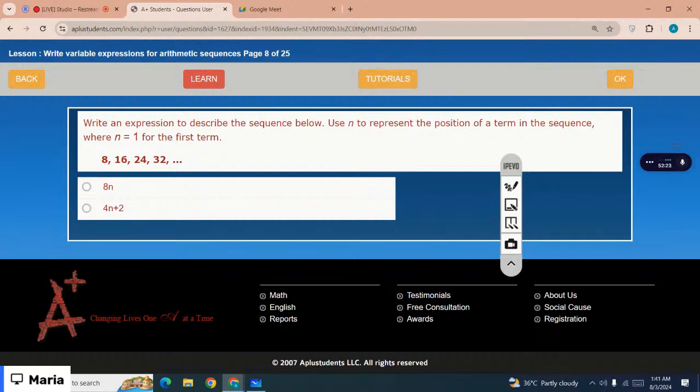Use n to represent the position of a term in the sequence where n equals 1 for the first term.